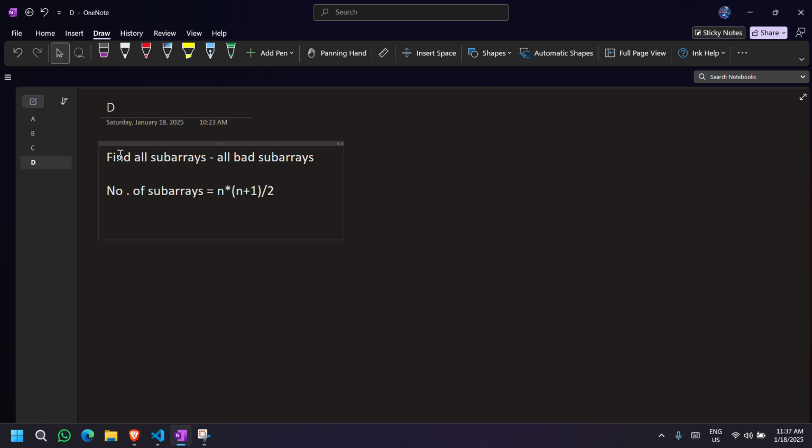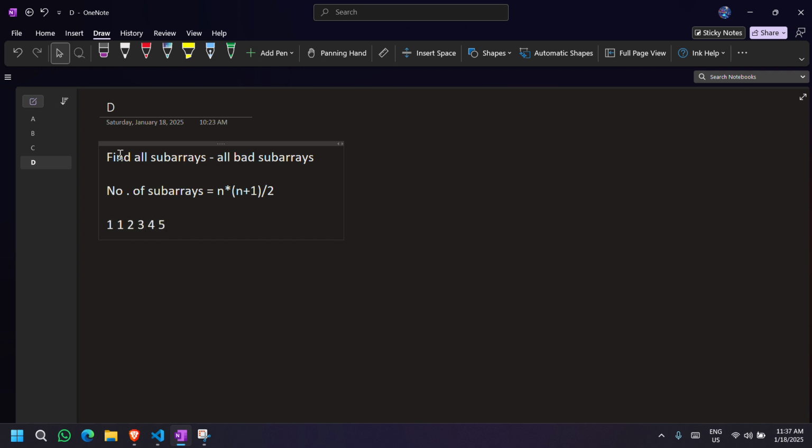And we know that all odd length subarrays are good, and we have to find only the even length subarrays which are bad. So when is an even length subarray bad? The array should be like this: 1 1 2 and then 3 and 4 and then 5 when we sort the given subarray.